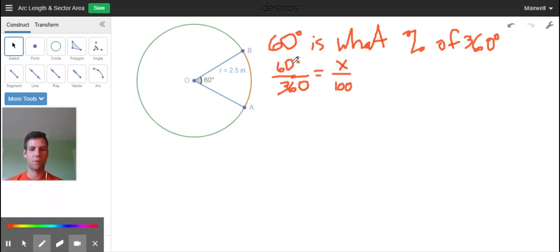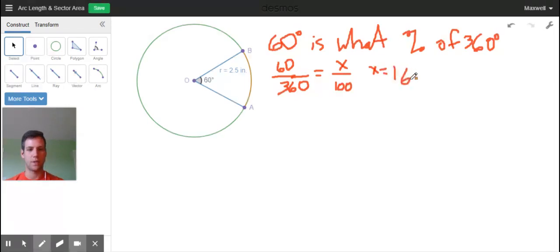When you solve this proportion, you just do 60 times 100 and then divide that by 360, meaning that x is going to be equal to approximately 16.7%. So that is the first thing we would need to find.